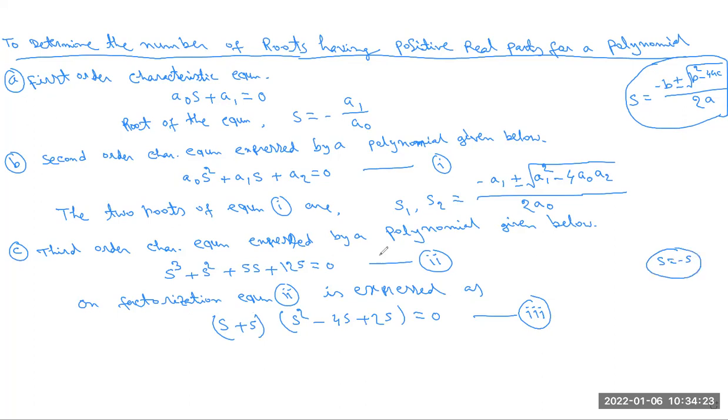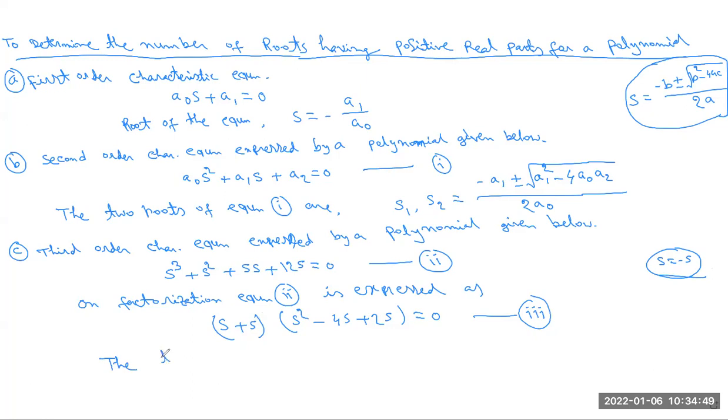You put the value of minus 5 in this equation, and the value comes equal to 0. That means this is basically the factorization, that is s equals to minus 5, that means s plus 5. Now we have to calculate the roots from here.